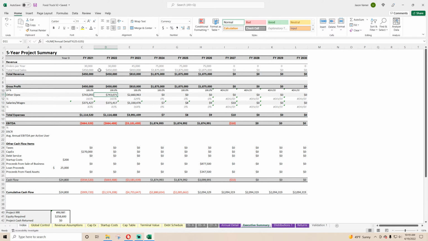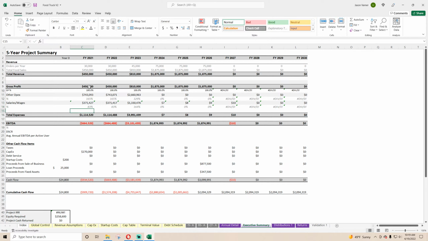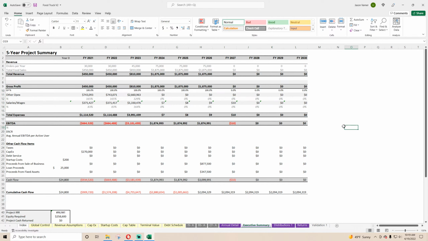Okay. Gross profit. I'll give this an IFERROR, so it looks nice if you have less than 10 years. Now, what's going on here?